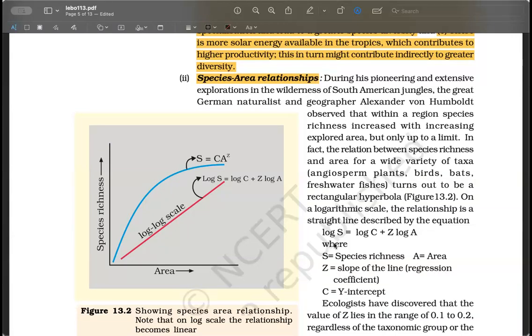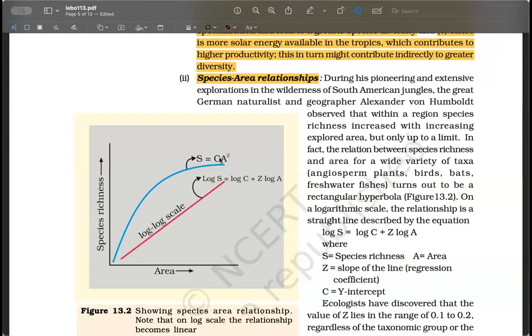And since in the formula Z is the slope of the line, also known as the regression coefficient, it's better to convert this formula into a log scale. That will make it a straight, linear line. So log S is equal to log C plus... It is the same formula, S is equal to C into A raised to the power Z. So the power comes down.